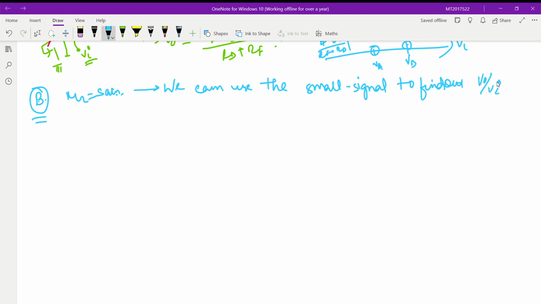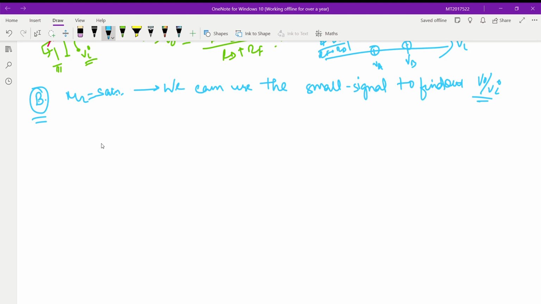That's a straightforward thing to do. But we want to understand how exactly we reach the small signal gain from our large signal analysis, right? So that is what we want to know right now.